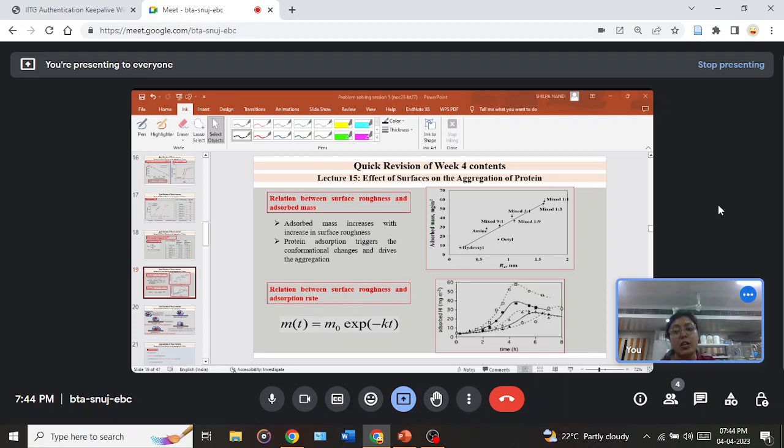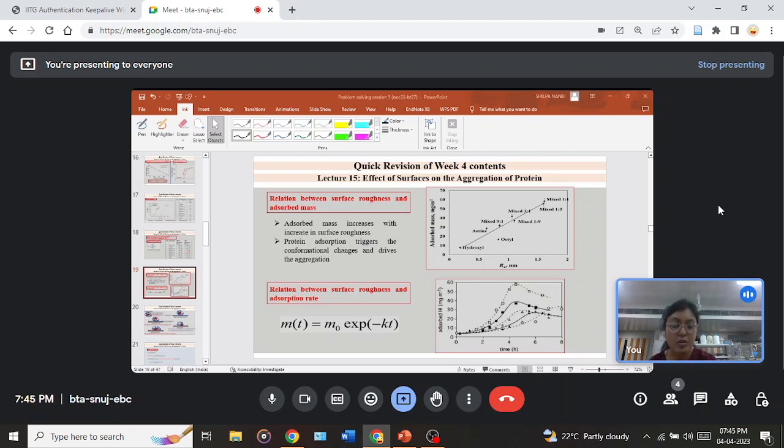Similarly, you can find the relation between the surface roughness as well as the adsorption rate by mt = m0 × e^(-kt). So mt is the adsorbed mass at time t, m0 is the initial adsorbed mass, k is the rate of aggregation, and t is that instance of time.